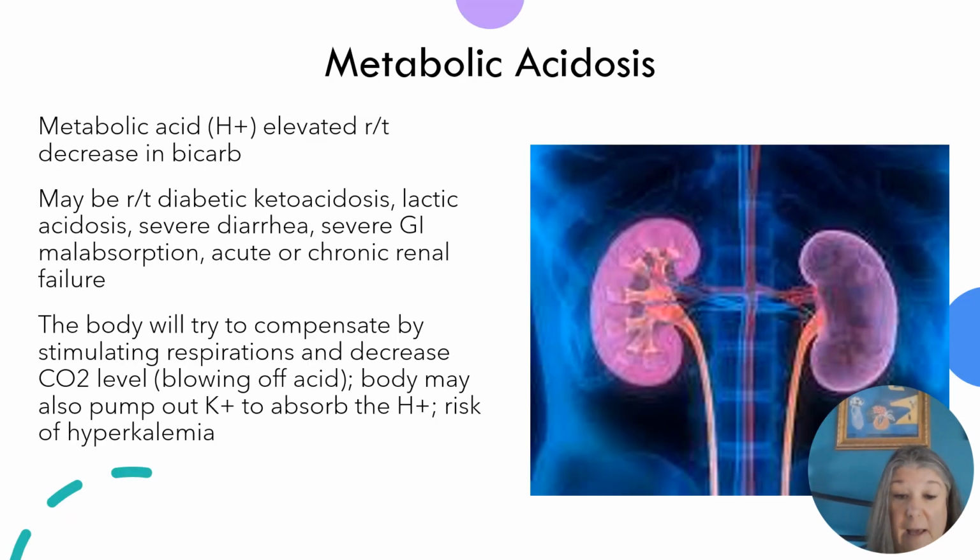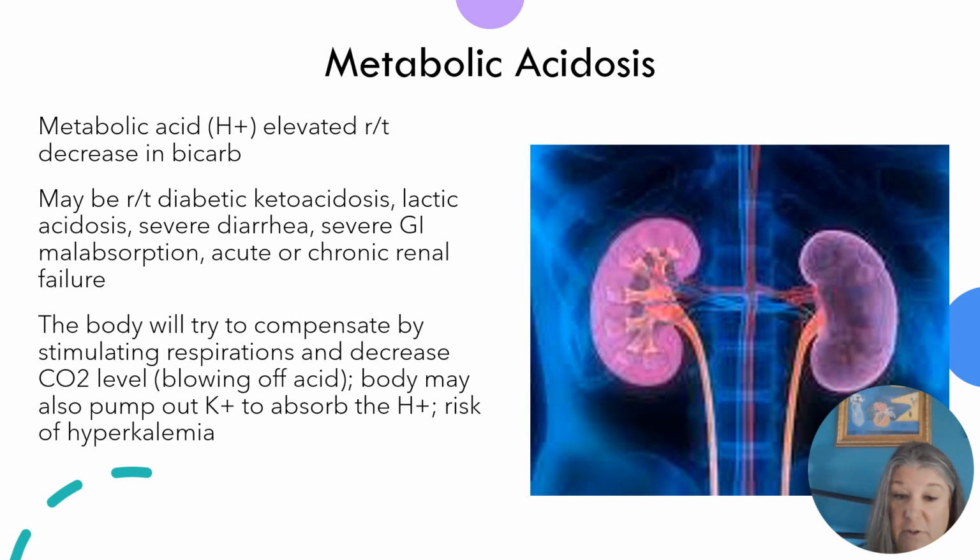So metabolic acidosis, so we have increased hydrogen ions. So this can be related to a decrease in bicarb, right? So this can be our DKA, our diabetic ketoacidosis, our lactic acidosis. Lactic acidosis happens related to muscle breakdown, and lactic acid is an acid.